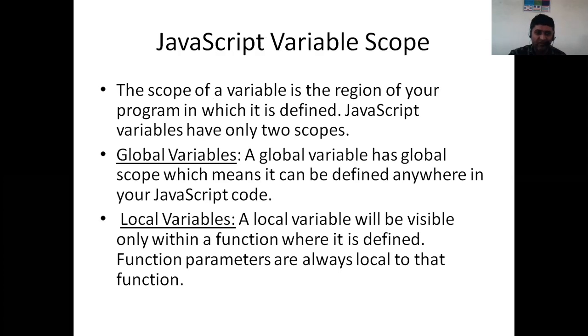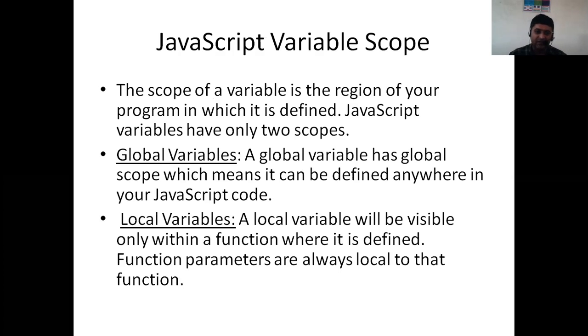JavaScript variable scope. There are 2 types of scope: global variable and local variable. Global means that it is declared outside your loop, outside the control, and local means that it belongs to a particular function.